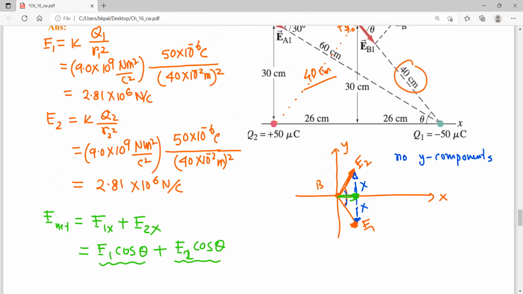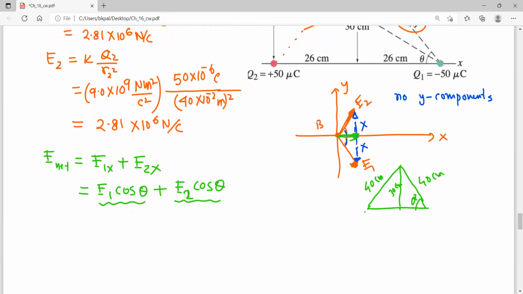Cosine theta you can determine from trigonometry. So this is the triangle, right? And this is 40 centimeter, this is 40 centimeter, and this is 30 centimeter. These are the information given, and this is theta. This theta and our theta will be the same theta. Now what is theta? We have to calculate.